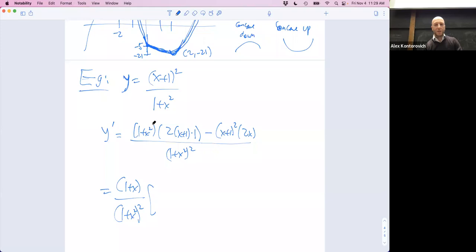There's a 2x squared plus 2, minus one of the x plus 1s is gone. So I have a 2x squared. It's actually not so bad. Minus 2x. So these are gone. So I think the 2 pulls out. And I have a 1 plus x times 1 minus x, I think.